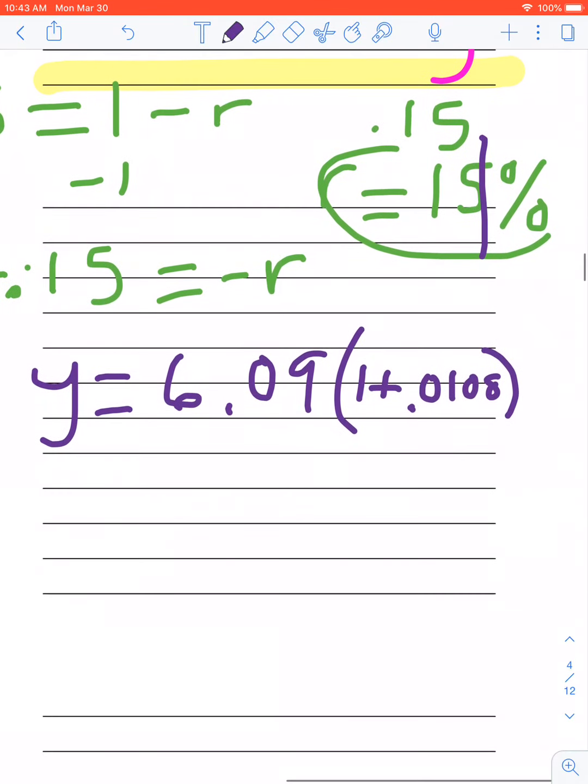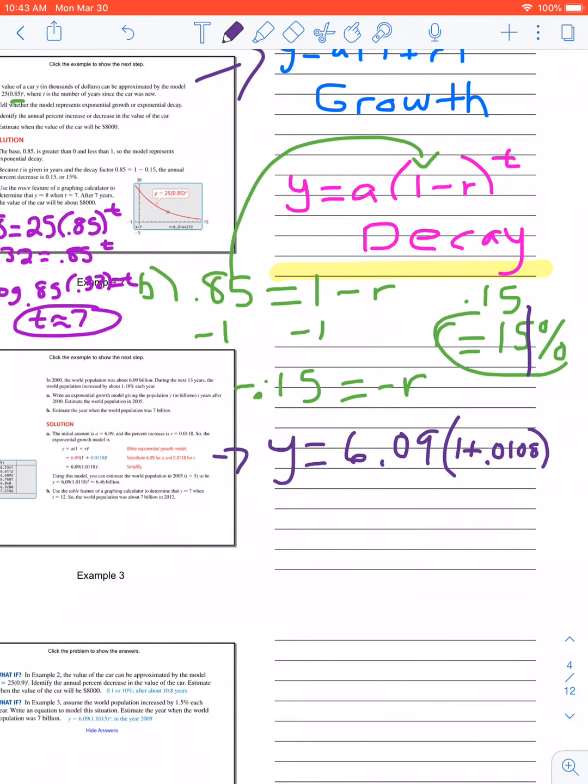Actually, this should be 0.0118. So let's go back and change that real quick. Sorry. So that should be 0.0118. Okay? So 0.0118 plus 1 because we're in growth.